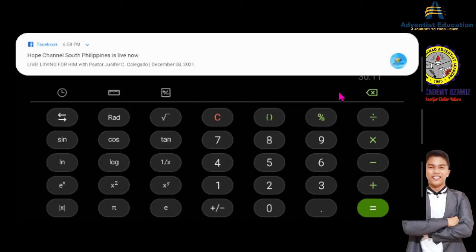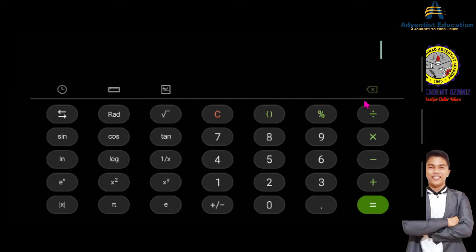Again, 5. You can use the open and close parenthesis. 6.022.